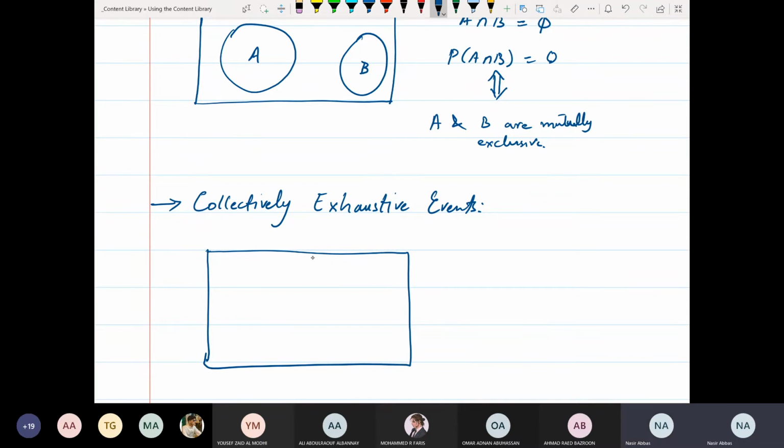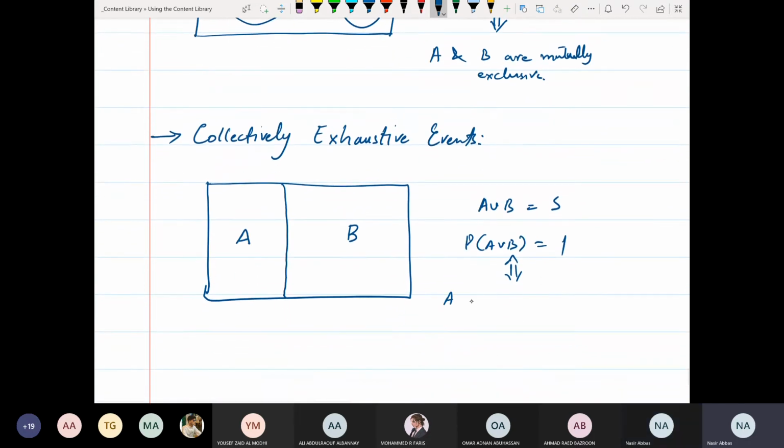Let us say the first rectangle is A and the second rectangle is B. If A union B is the space, or the probability of A union B is 1, this implies A and B are exhaustive events.